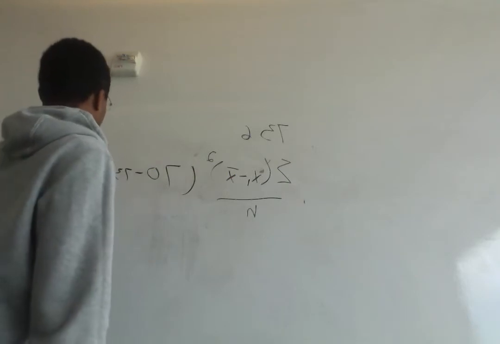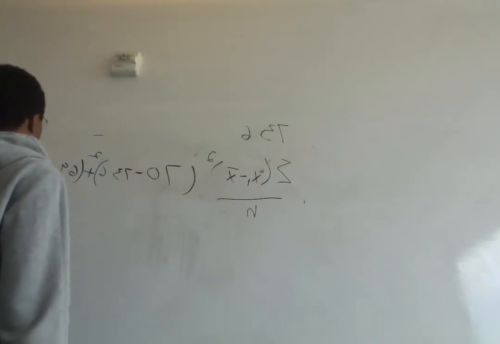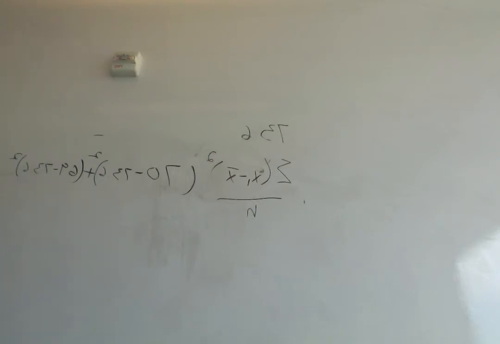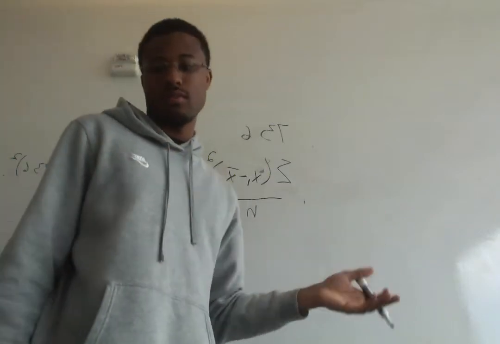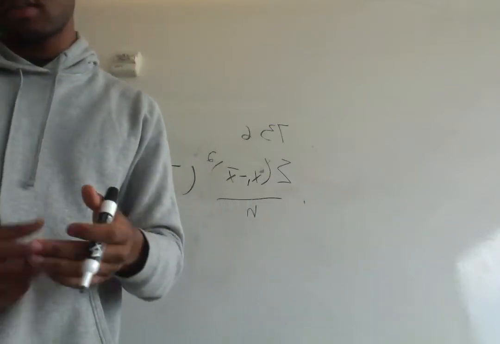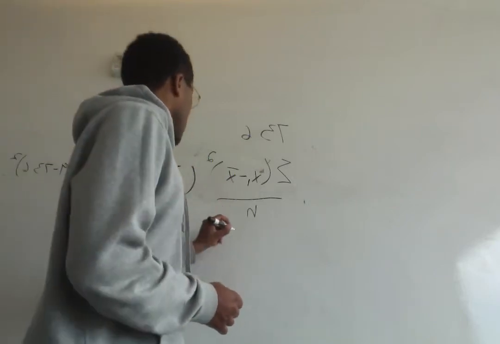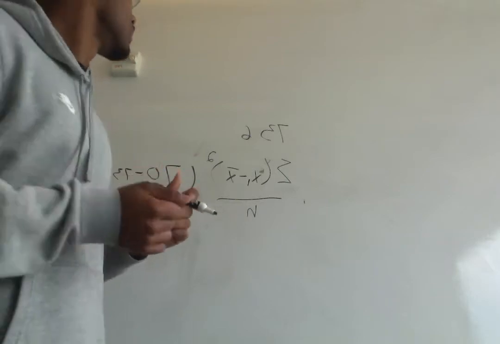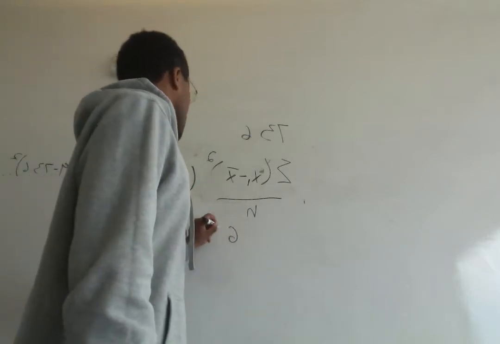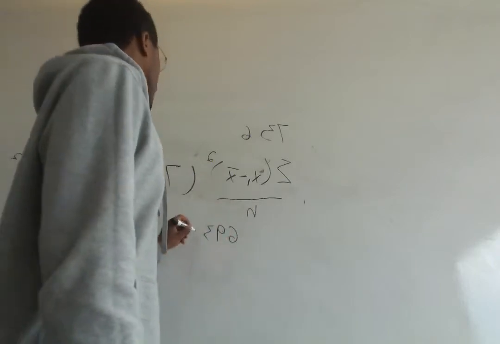When you're adding them, you want to square each one, and basically do that across the board. Once you do that across the board, you get a total of 693.6.